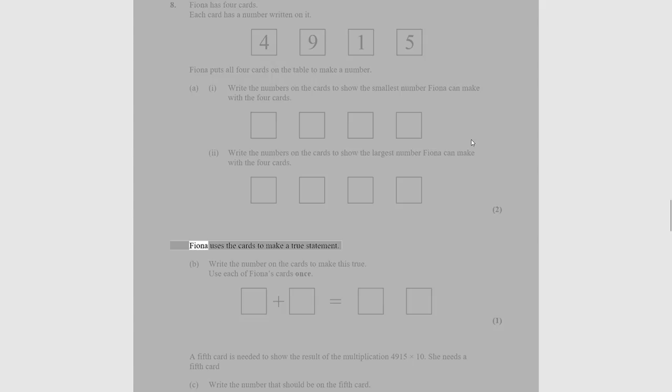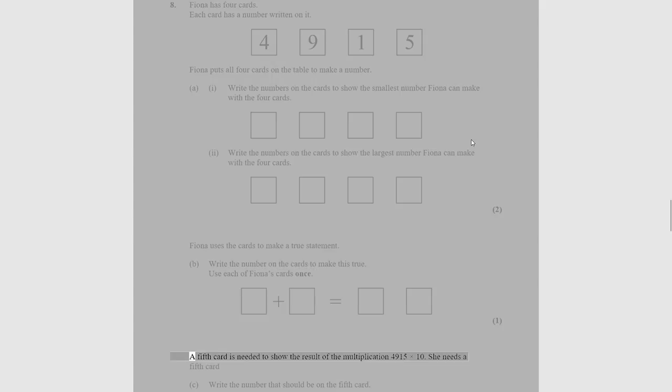Fiona uses the cards to make a true statement. b. Write the numbers on the cards to make this true. Use each of Fiona's cards once.